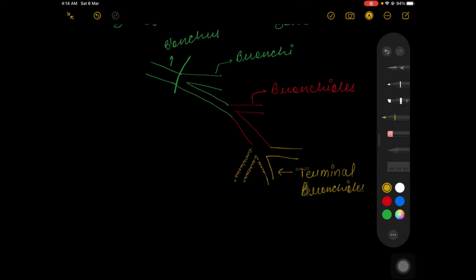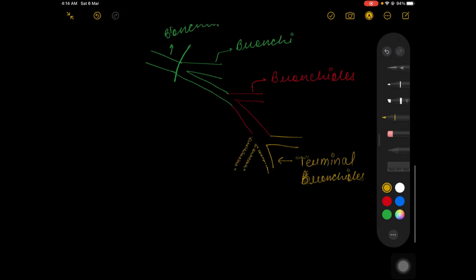Now these terminal bronchioles further divide into the respiratory bronchioles.